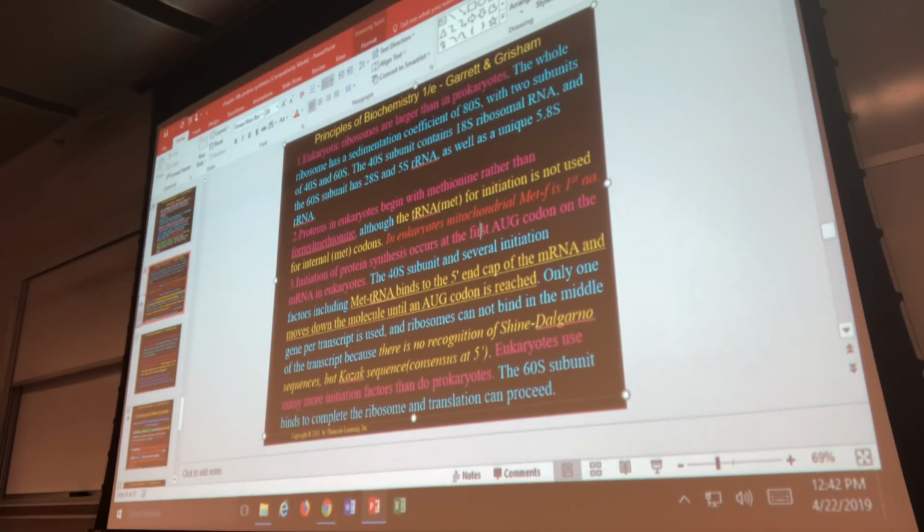Think of it as an initiation tRNA. So contrast that: prokaryotic proteins begin with formyl methionine and regular tRNA. Eukaryotic proteins begin with regular methionine, but it was brought to the ribosome with a special initiator tRNA.